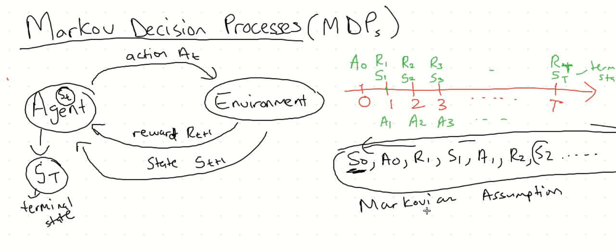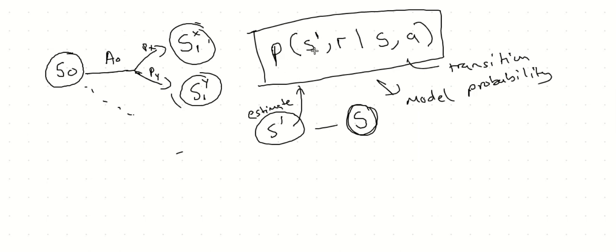You can, of course, look more into what this means, but basically we're assuming that the probability of ending up in state S prime, let's say S t plus 1, will depend on what happened in the previous state, S t, only, and anything else before that we don't care about.